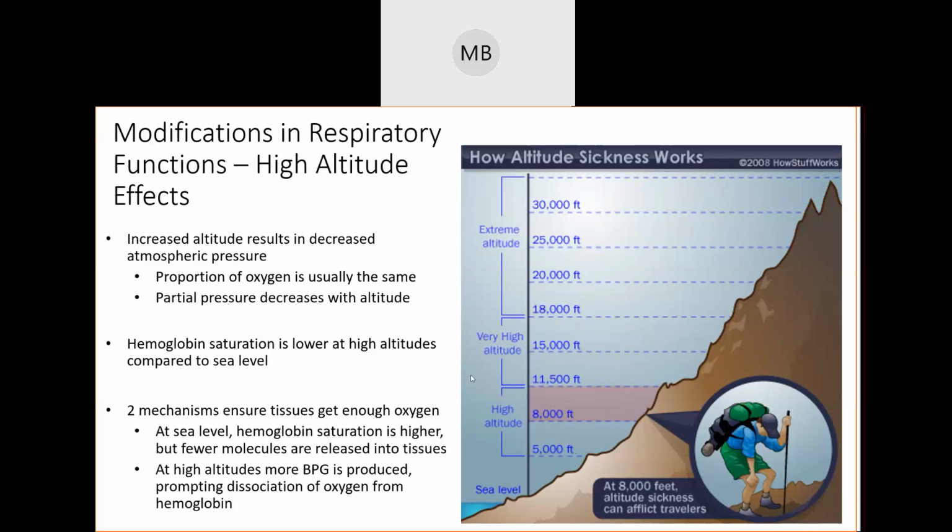Another thing that can impact all of this as well is altitude. And I know that seems slightly weird, but this is also how altitude sickness works, right? At higher altitude, we know that oxygen levels get lower the higher up you go in the atmosphere, right?